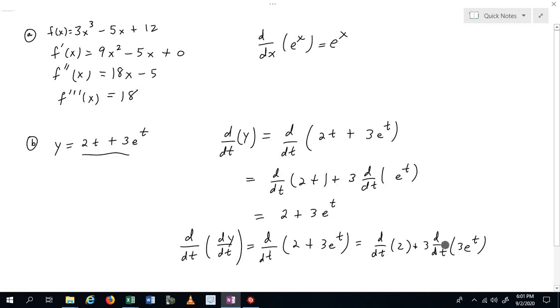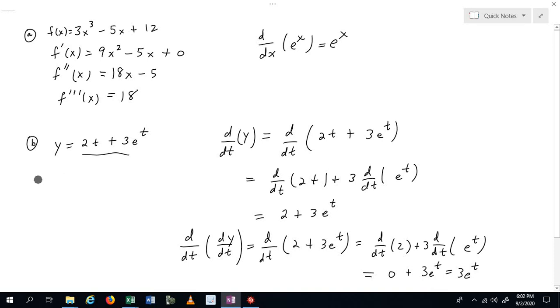So it can come outside the derivative operator. And it looks like you're left with the derivative of 2 is 0. And then the derivative of e to the t with respect to t is e to the t. And so you just get 3e to the t. Okay, and so that's our second derivative of y with respect to t.